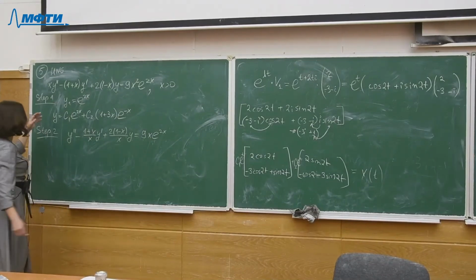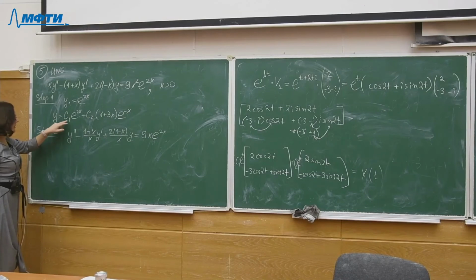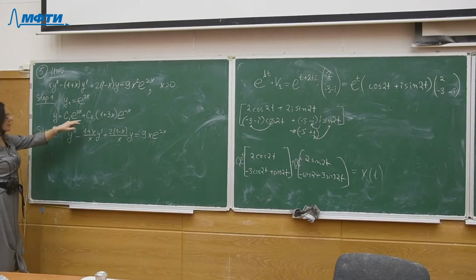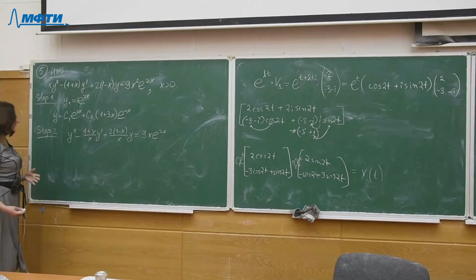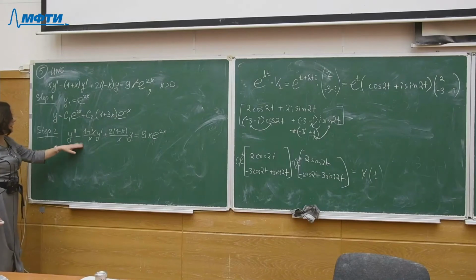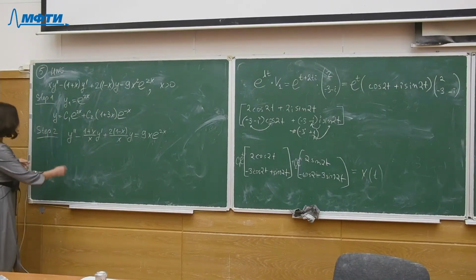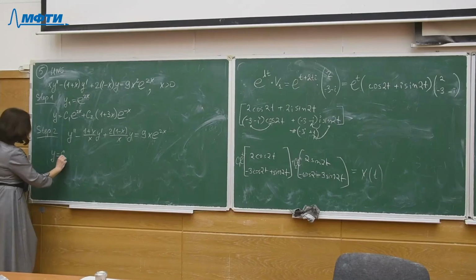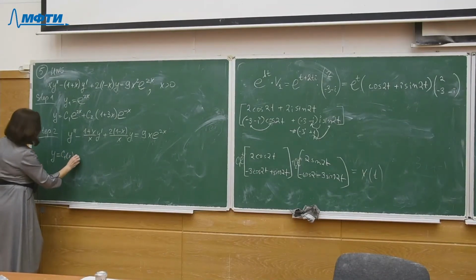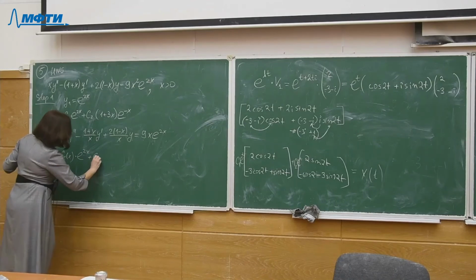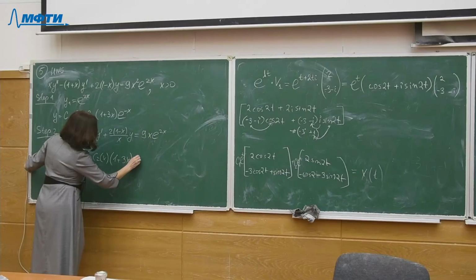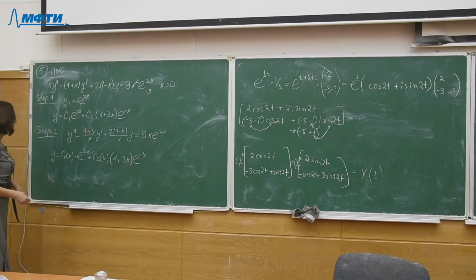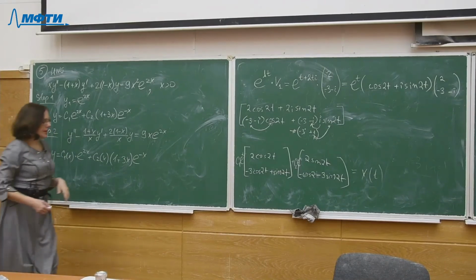And then how to solve this non-homogeneous equation? The idea is to consider the constants C1 and C2 to be functions depending on x, and to represent the solution as C1(x) times e to 2x plus C2(x) times (1 plus 3x) times e to negative x, and substitute this solution into the differential equation.